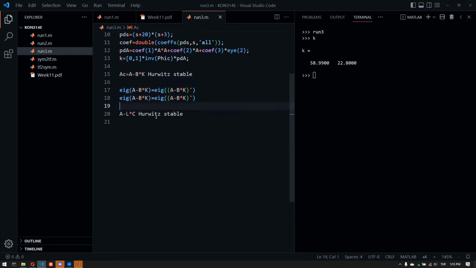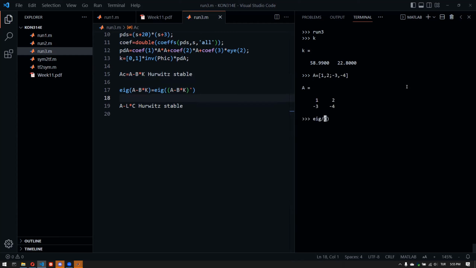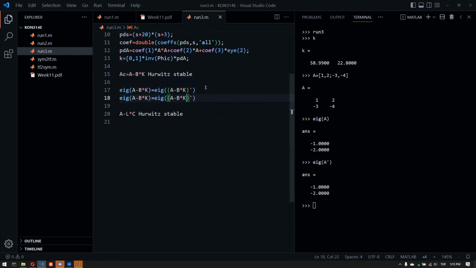So if you have a matrix A equals 1, 2, minus 3, minus 4, for example, the eigenvalues of A and A transpose are the same. This is important because when we take the transpose, we will end up with A transpose minus K transpose times B transpose. So this is going to be the same here.